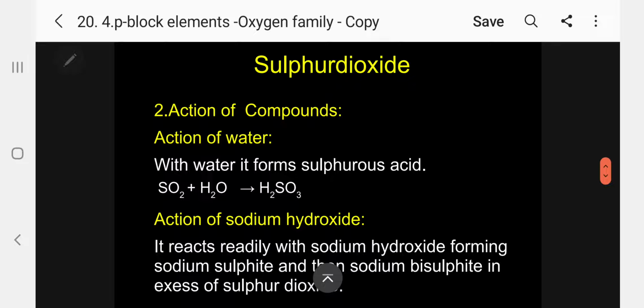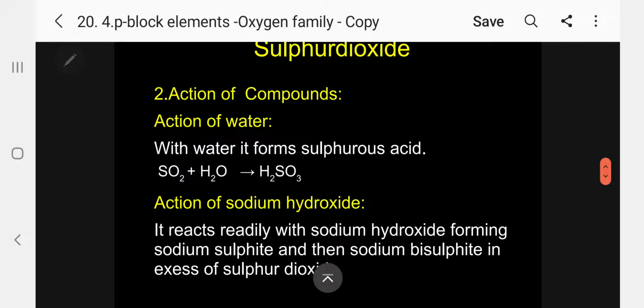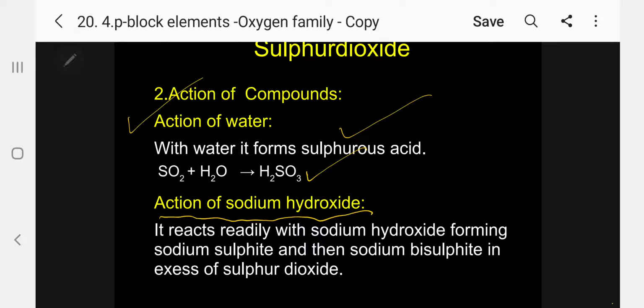Action of compounds. First, water. Sulfur dioxide reacts with water to produce sulfurous acid. The next, action of sodium hydroxide. Again it is a compound, sodium hydroxide. Kindly follow.